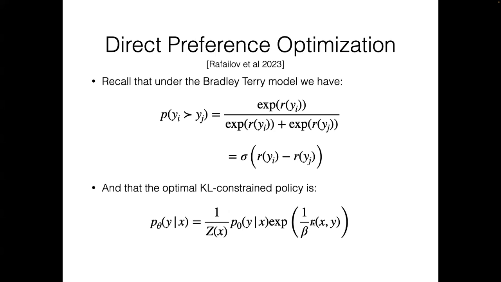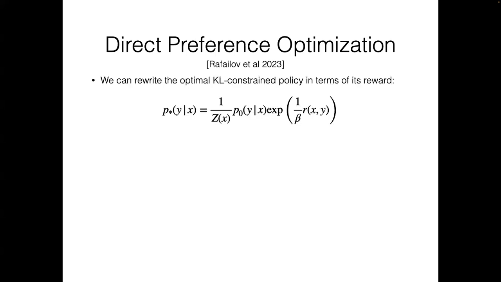So then the trick that you could do is you could take this equation and rewrite it so that this reward here is on the left-hand side. And then you could insert this reward into this equation here and get some loss function for training the model.